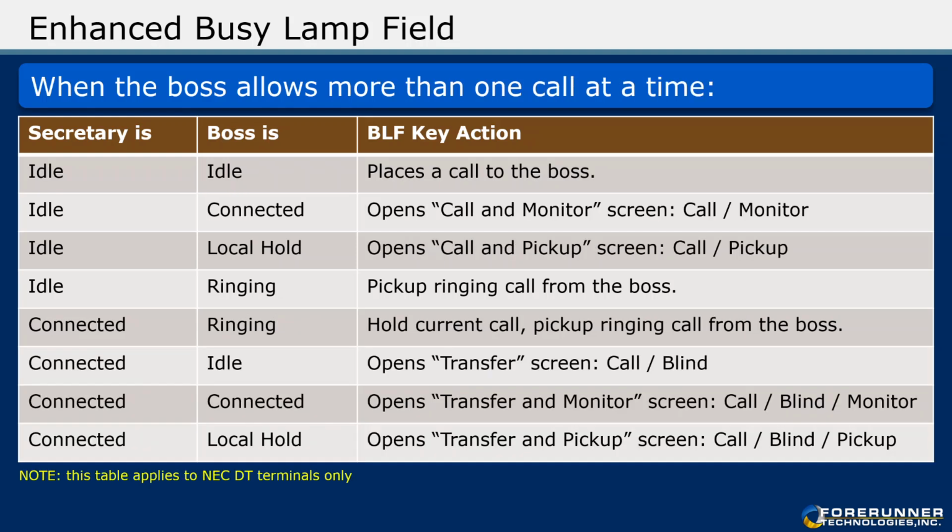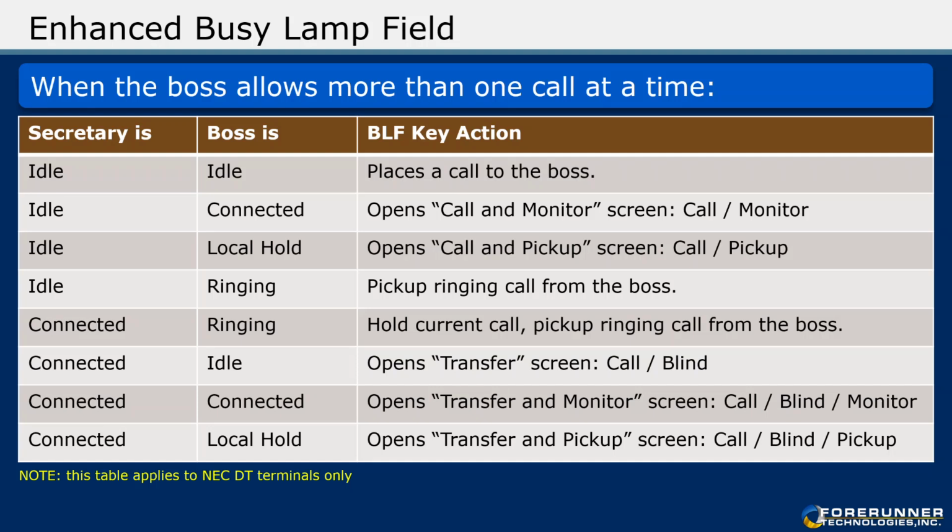Now, in the case of any CDT terminals, which have soft keys in the lower line of the display and soft keys on the right below it, the terminal has some enhanced capabilities, especially when the station, specifically the boss, is able to receive more than one call.